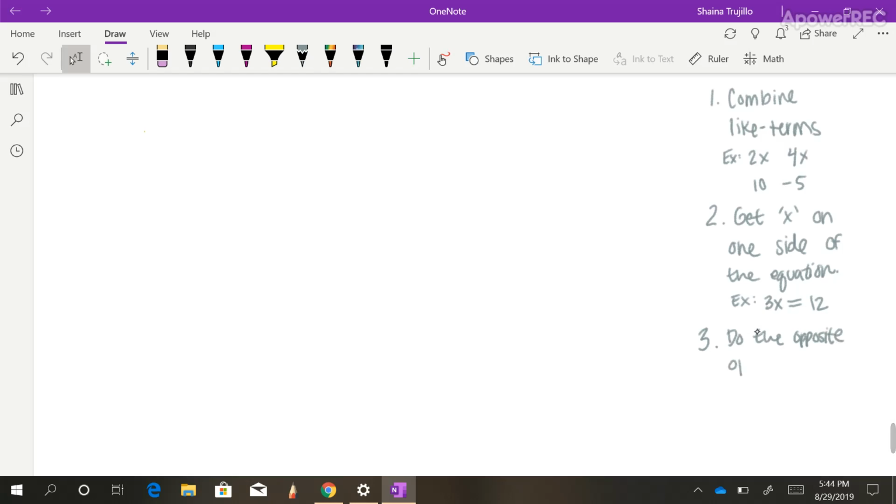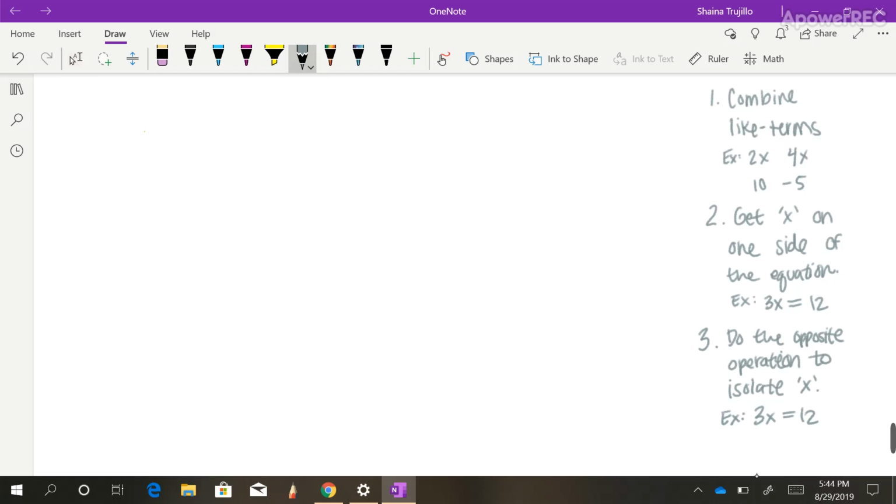Our third rule is that we do the opposite operation to isolate the variable, or to isolate x, which means if we took this example up here, 3x equals 12, 3 times x, that's what 3x is read as.